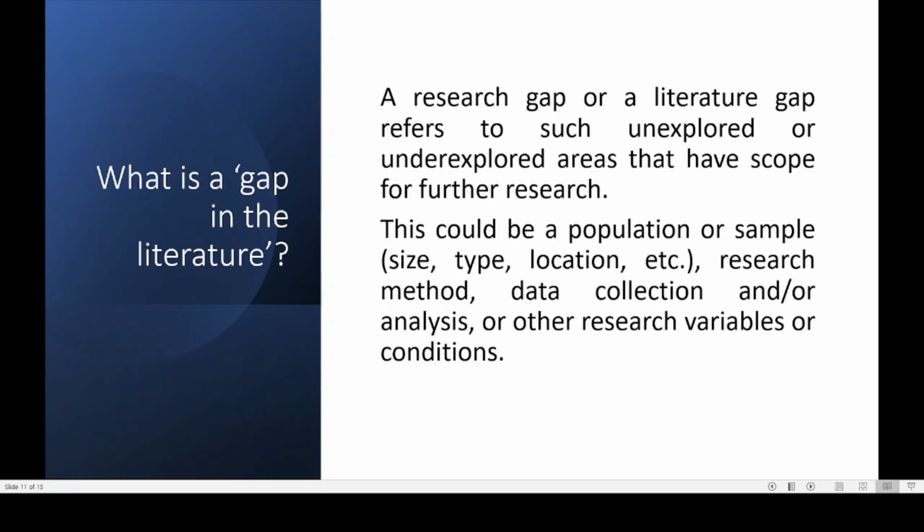So if you study butterfly diversity in terms of temperature also, we can find some difference in the number of species and the type of species that we are getting. All of these indicate that there is a scope for further study. So that is the meaning of the word research gap. It simply means an area which is poorly studied or unexplored.